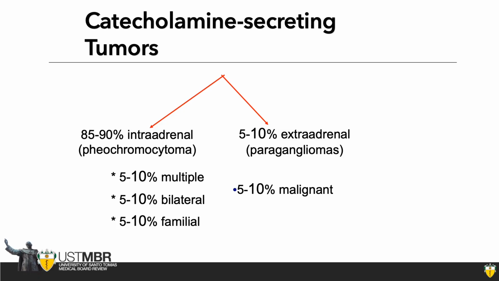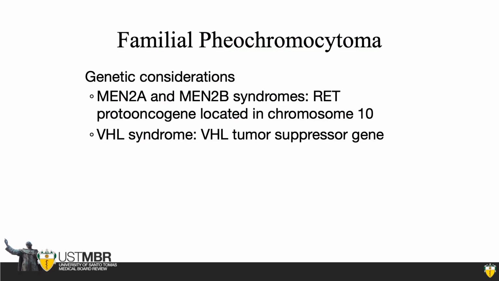These are just sporadic diseases. Could be part of MEN2A and MEN2B, and this is associated with a RET proto-oncogene abnormality. It could be part of von Hippel-Lindau, so there could be a hearing problem that goes with it.